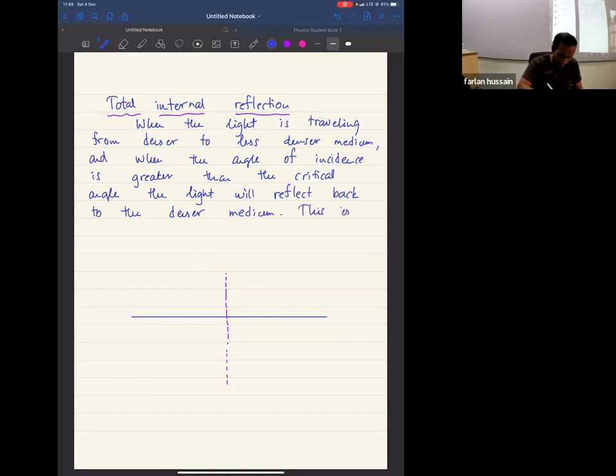This is known as total internal reflection.